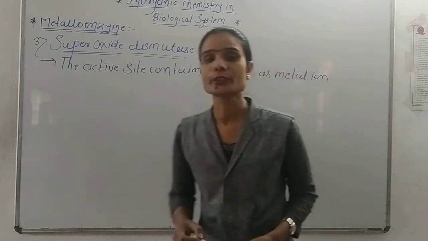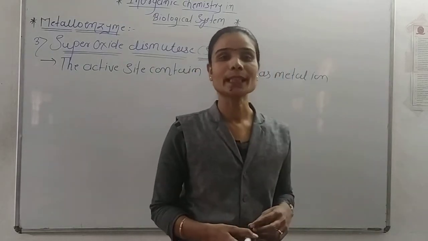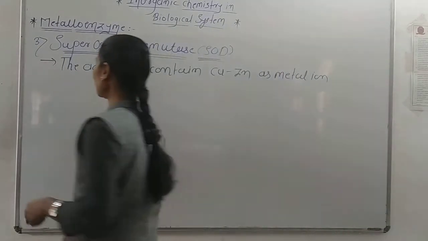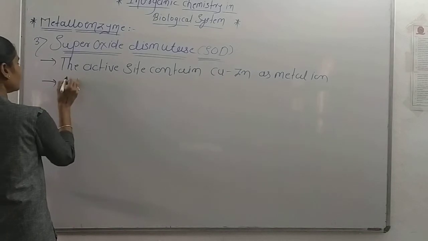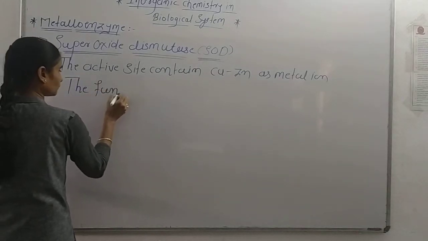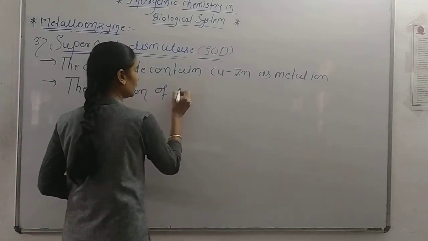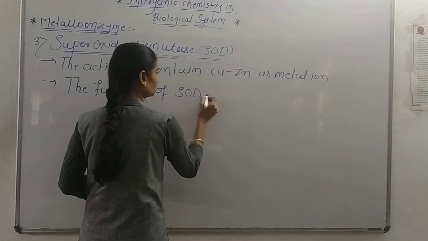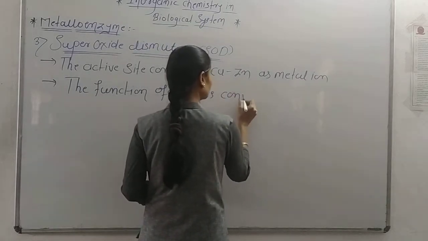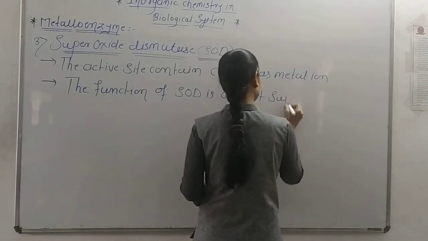Now the function. The function of superoxide dismutase is that it converts superoxide into peroxide.